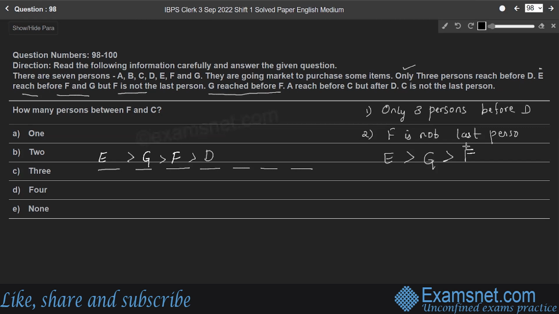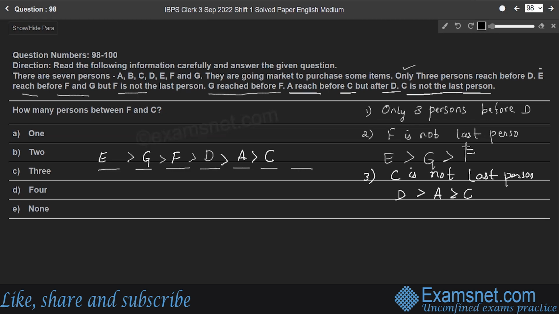And the next condition: A reaches before C, but after D, and C is not the last person. So after D we can write A, and after A we can write C. So who is the last person here?